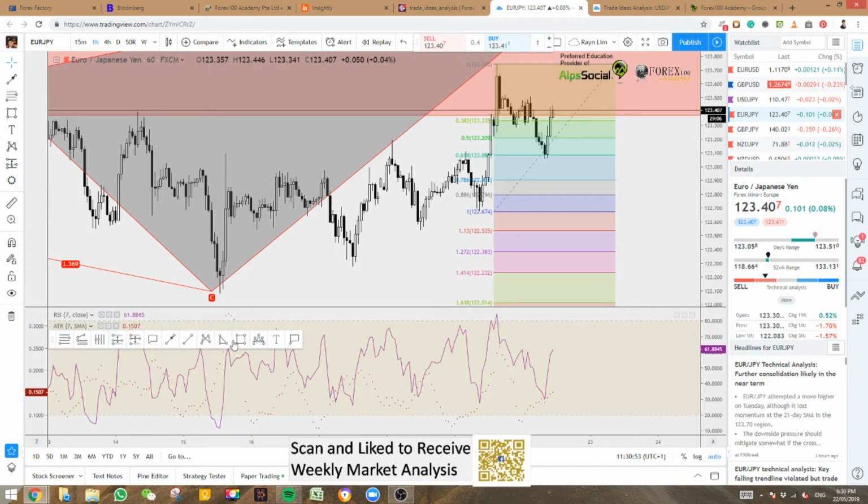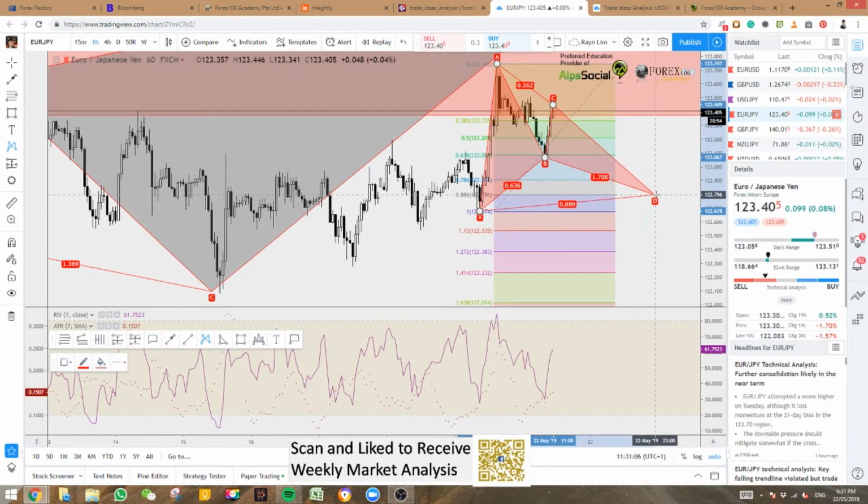All right, so either way, it ends very close to one another. All right, X to A to B, B to C, CD completion at somewhere around 88.6 as a counter trend move.